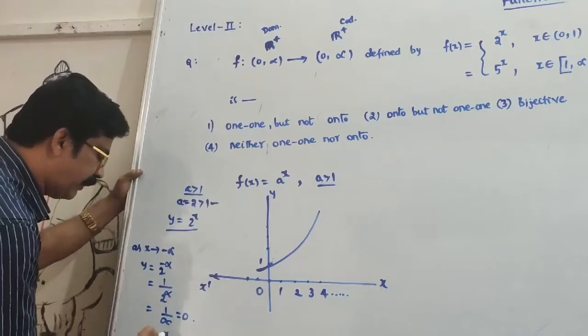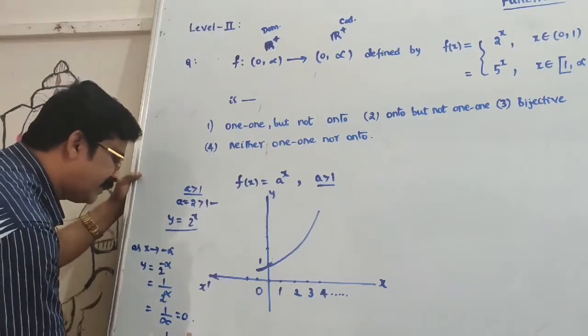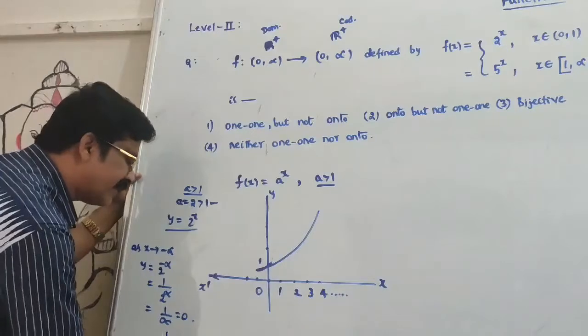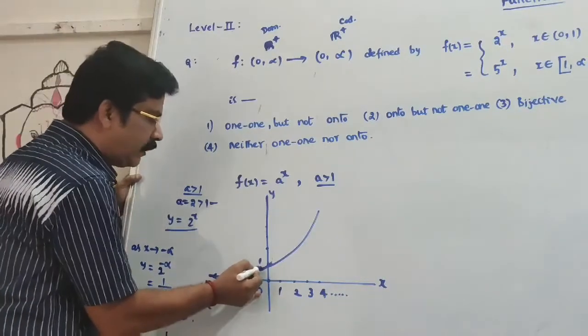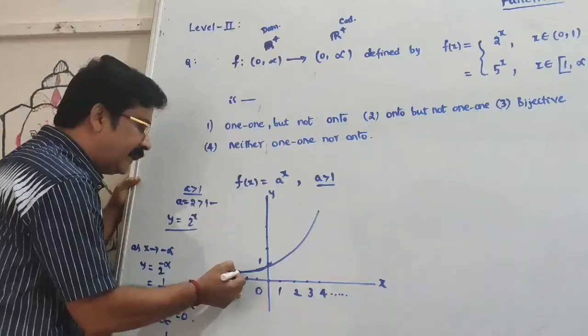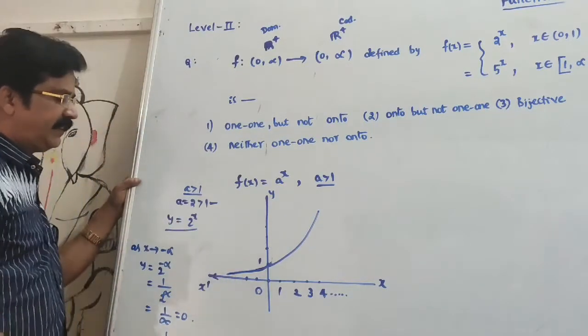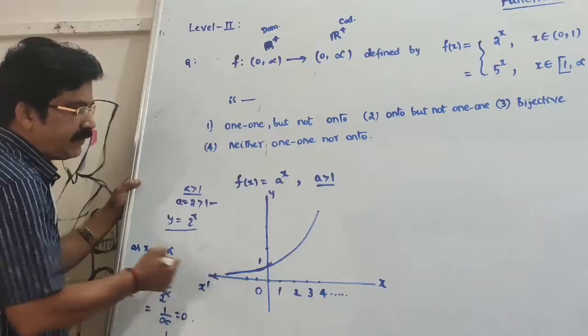So as x tends to minus infinity, y tends to 0, meaning on the negative side the graph gradually touches the x-axis at the infinite point.